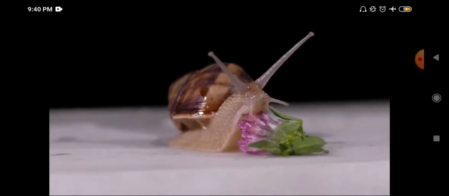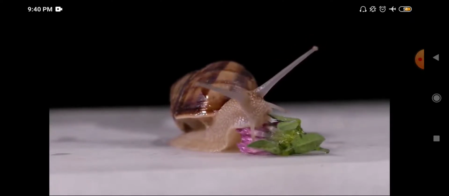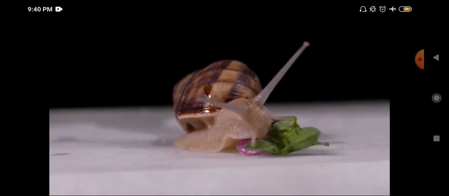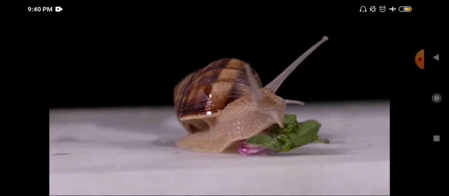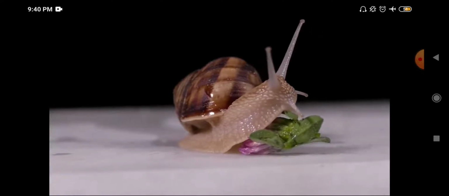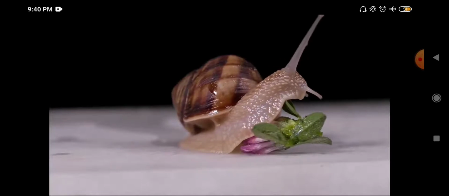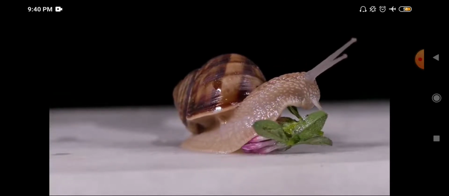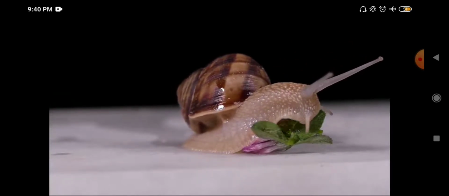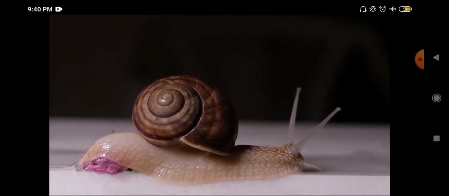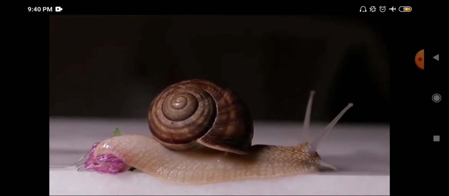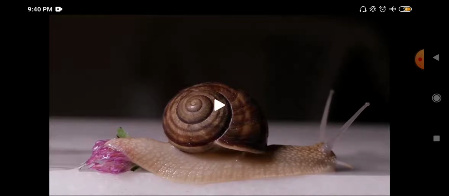Here you can see how it is elongating or relaxing its front part, then contracting to pull the back part of its body. And can you see some slimy liquid on its body and on the flower through which it just passed? This slimy liquid helps in the smooth movement of the snail.